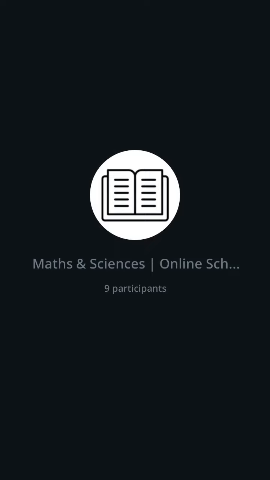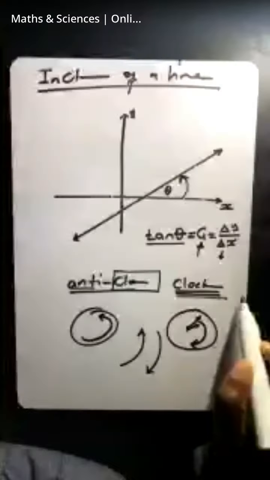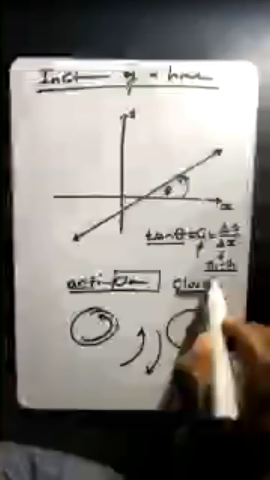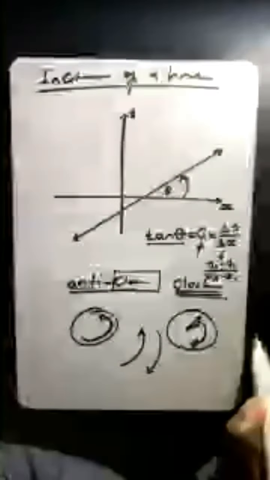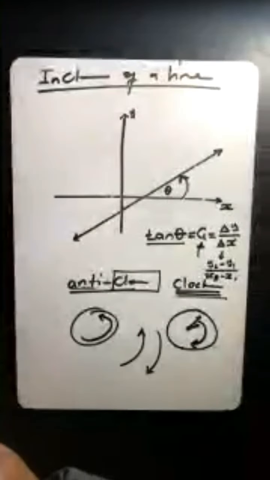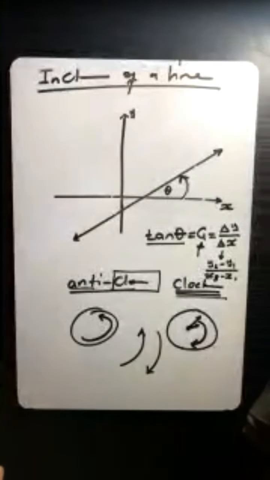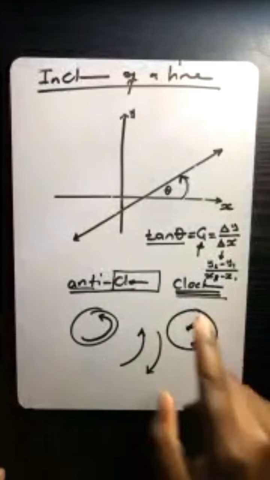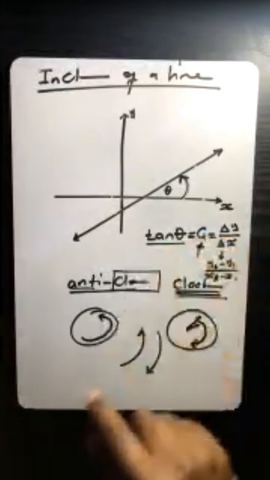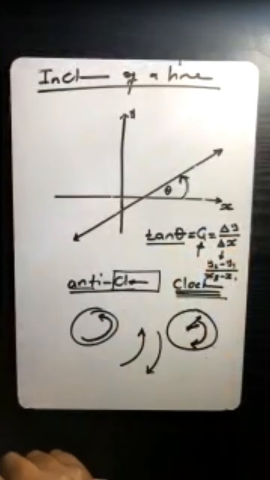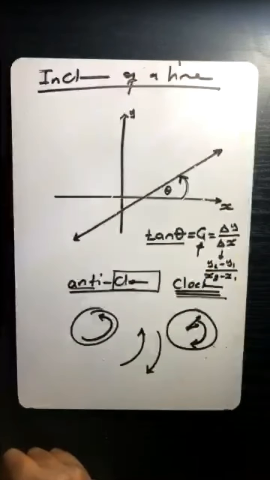What is change in y? Remember, the word change simply means delta, meaning y2 minus y1 over x2 minus x1. Very, very important, ladies and gentlemen. Elton, are you happy regarding that formula? Yes, sir.